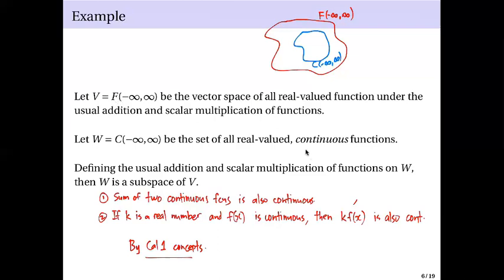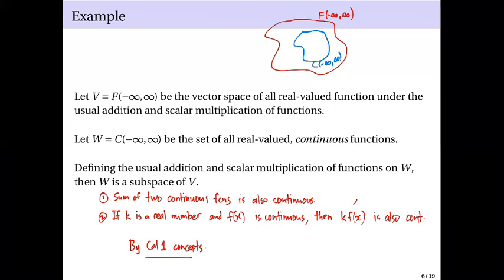The space of continuous functions is much smaller than the space of all functions, because a function may be continuous or discontinuous, but you only collect all those continuous functions.